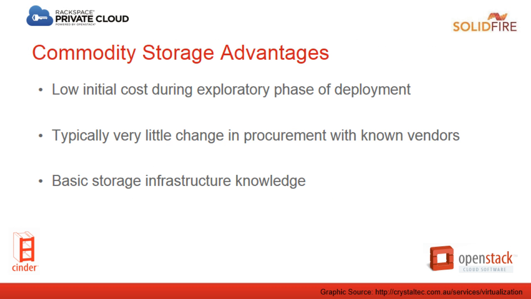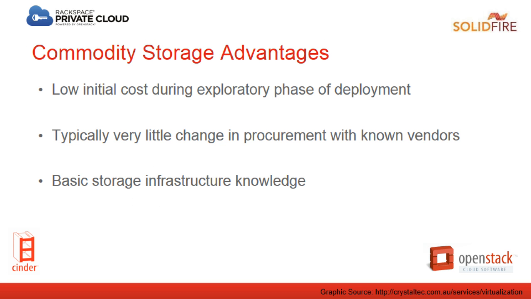So a couple of advantages of using a commodity storage system as a server with directly attached storage is obviously the low initial cost. If you have a small proof of concept environment where maybe you're using no more than 1 or 2 terabytes of storage, a server acting as essentially a storage array offers a low cost entry point.